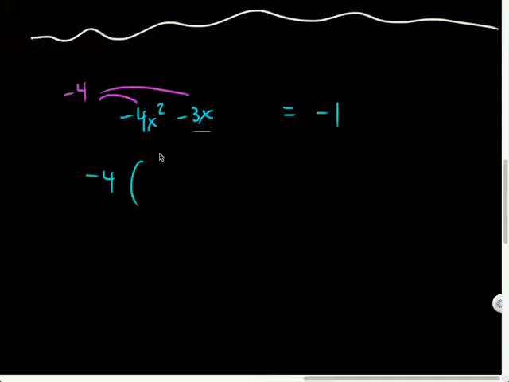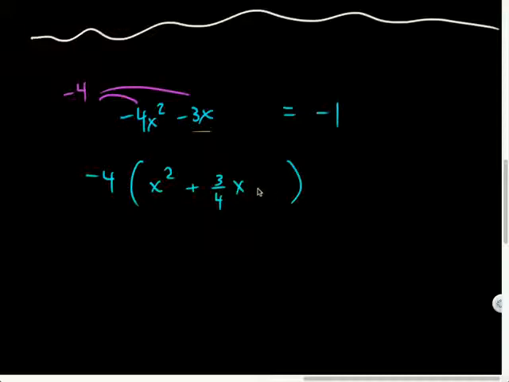Negative 4 times what is negative 4x squared? And negative 4, here's the tricky part, times what would give me negative 3x? Positive 3/4 x. Yeah, and that's correct, right? Because the 4's would cancel out, and the minus sign would be introduced.